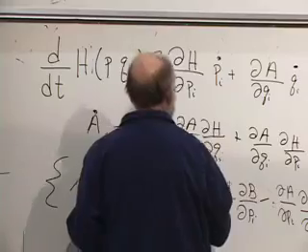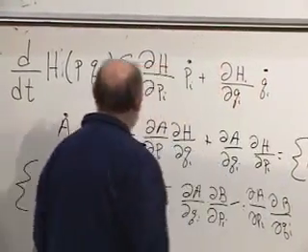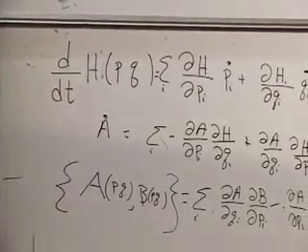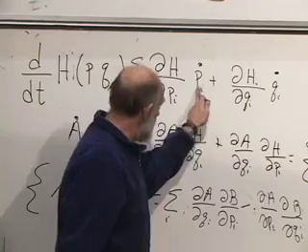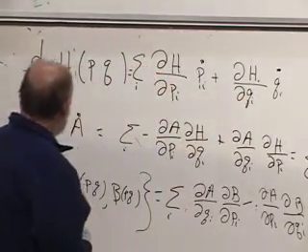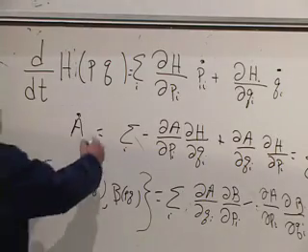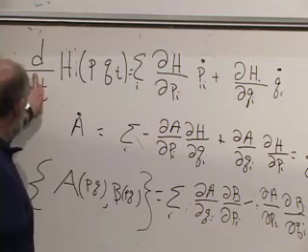If the Hamiltonian depends explicitly on time, let's go back and calculate the time derivative of the energy itself. This was our equation that we had a few minutes ago, and these two things canceled because P dot and Q dot are also derivatives of H. But there's just another term.